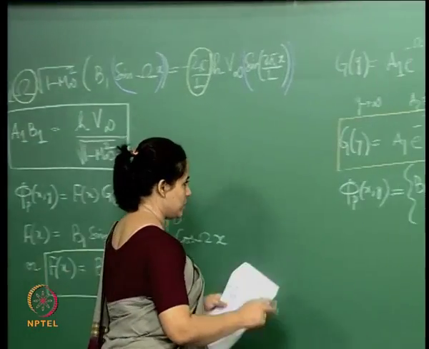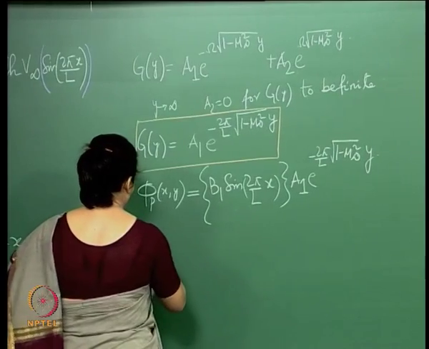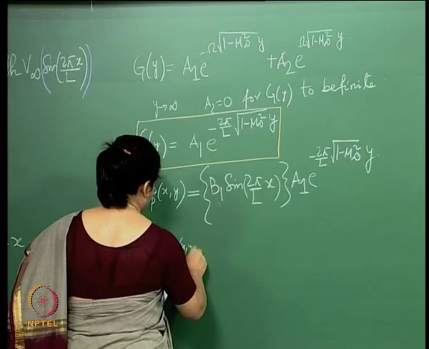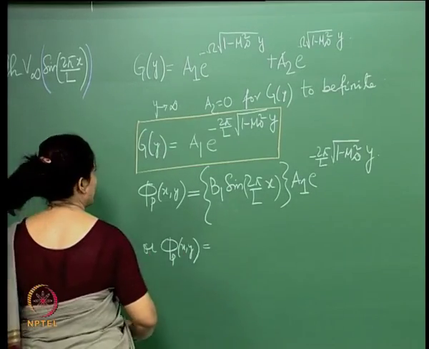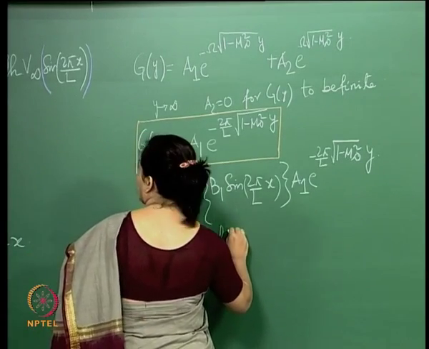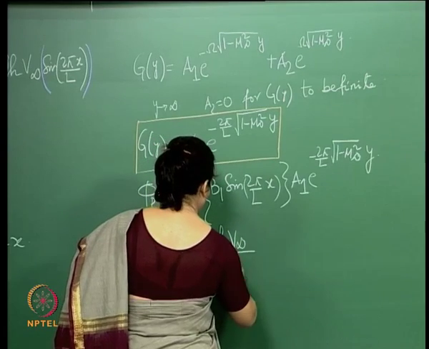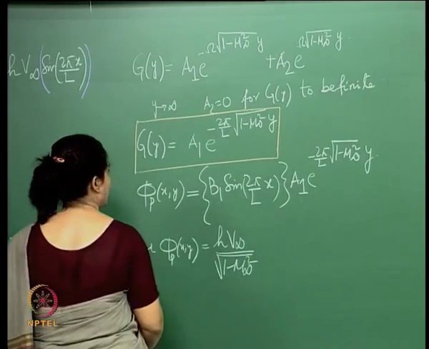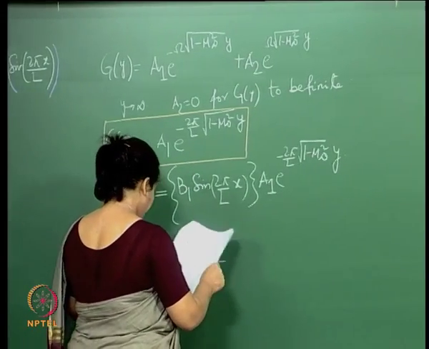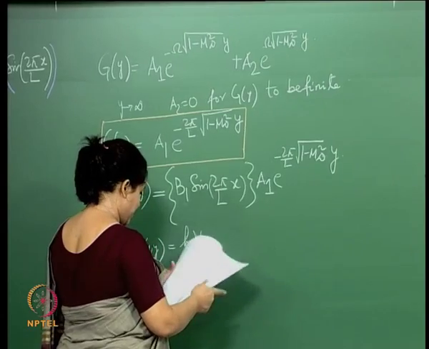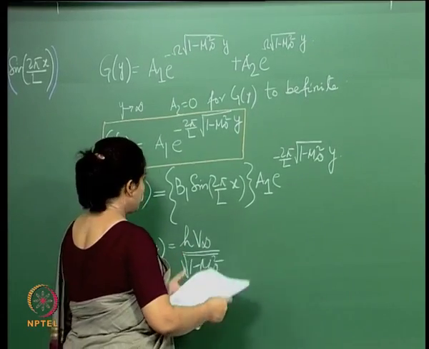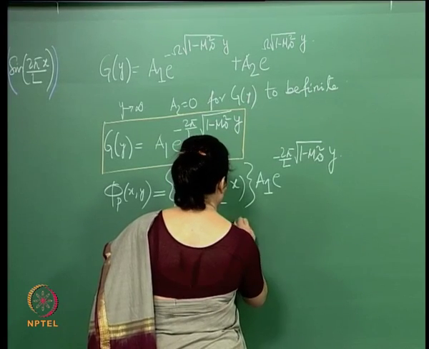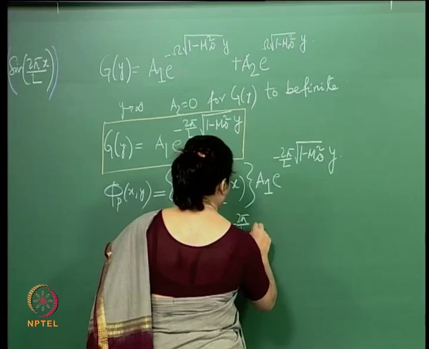So we could use that there, or we could write a1 b1 as h, that. Then we have the exponential term, e to the power minus 2 pi by L.